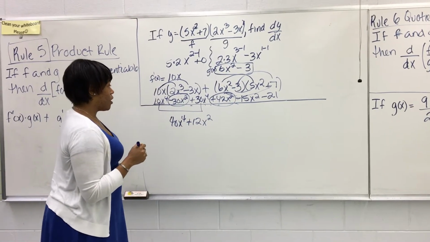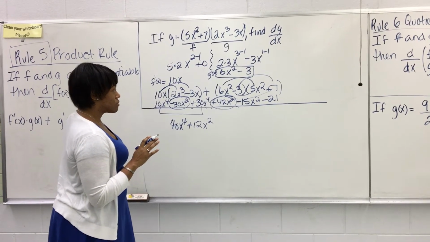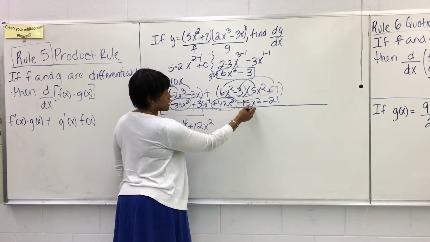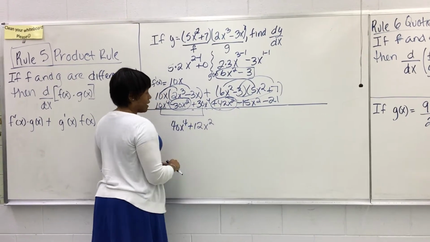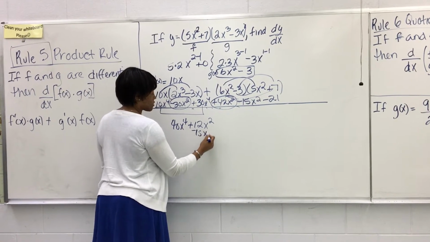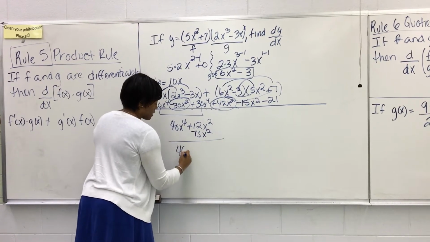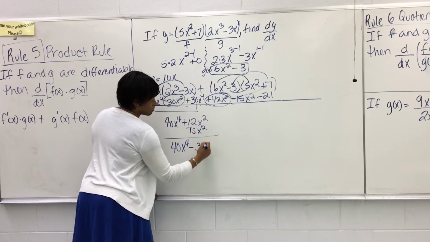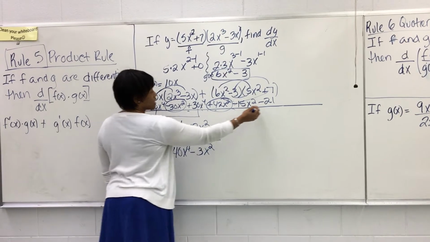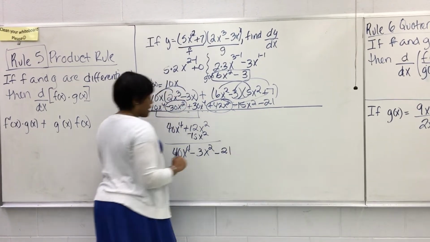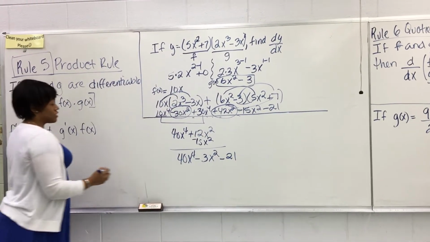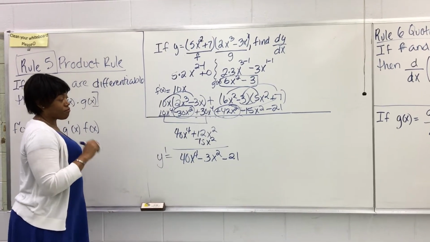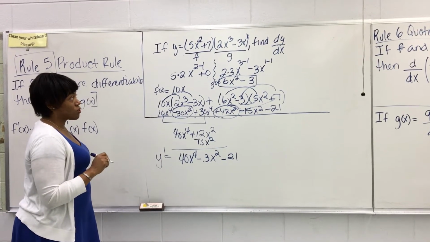Then I have, oh, wait a minute, I have one more, this 15x squared. So that'd be minus the 15x squared, which now gives me 40x to the 4th minus 3x squared. And then I finally do my minus 21. So now that I've combined all of my like terms, the derivative of all of this is 40x to the 4th minus 3x squared minus 21.